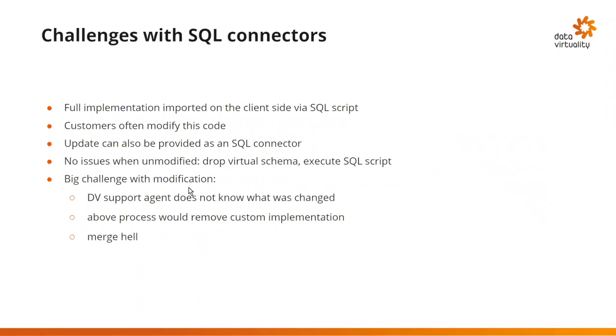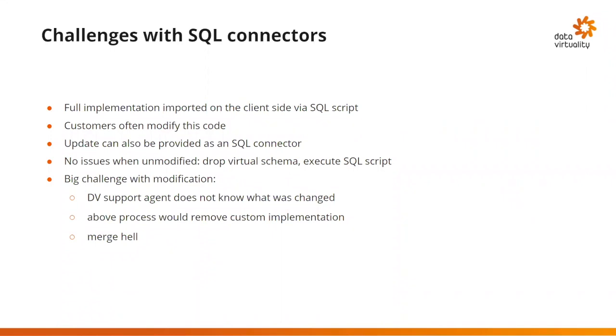But the challenge with the modifications is and was that the support agent does not know what was changed. So when we want to do an update and we don't even know what's changed, we would need to find a diff between the changes that have been done, but also identify what's new in the new connector.